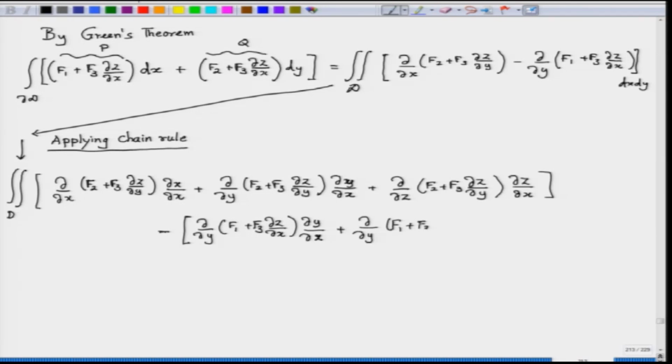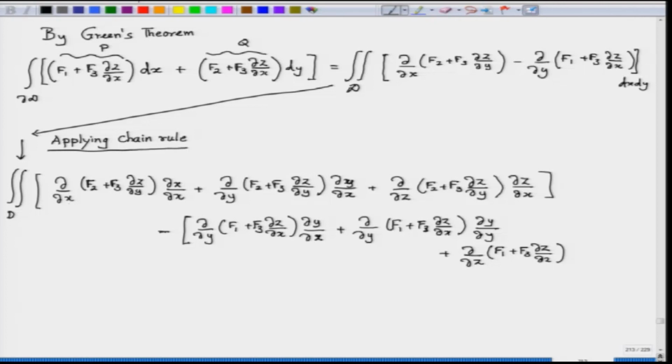No, I am making a mistake, it should be f1 plus f3 del z del x. No, it is right, into del y, plus del z of f1 plus f3 del z del x.